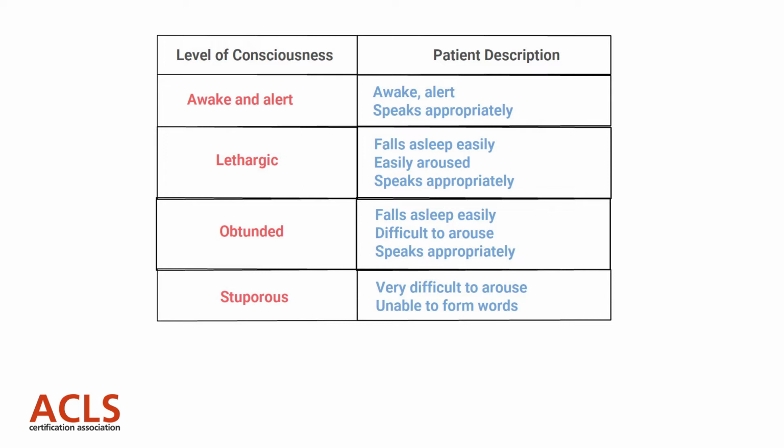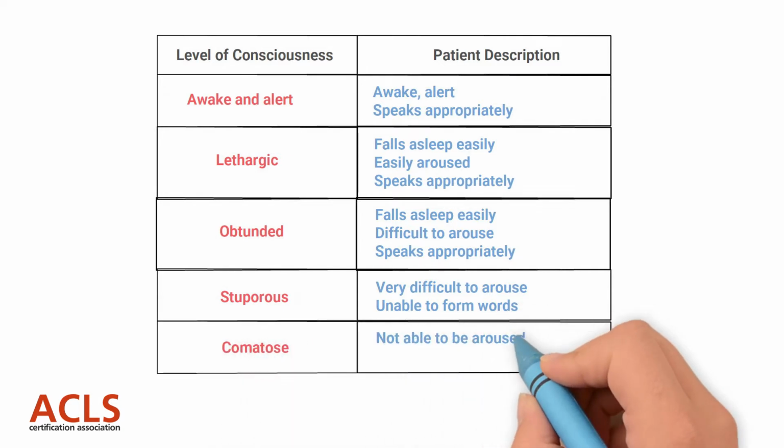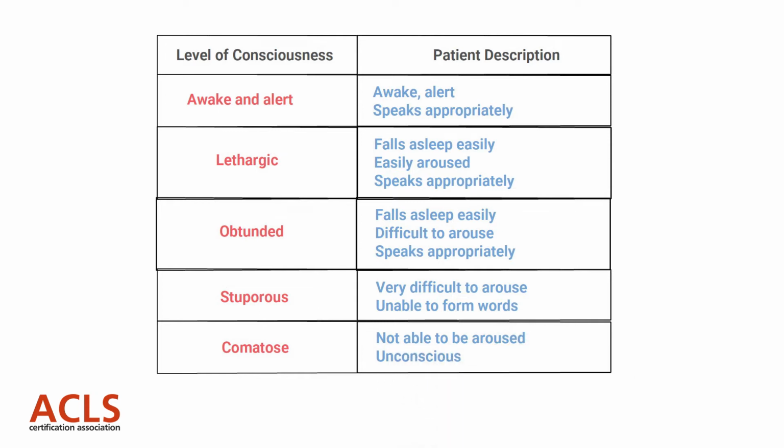They're not going to be able to form words or answer any questions. You shake them, and if you're able to wake them up, you may get a grunt or a groan or something like that, and that's stuporous. And then obviously the very last level is comatose, and these patients don't wake up. They're in a coma. So that is level of consciousness.